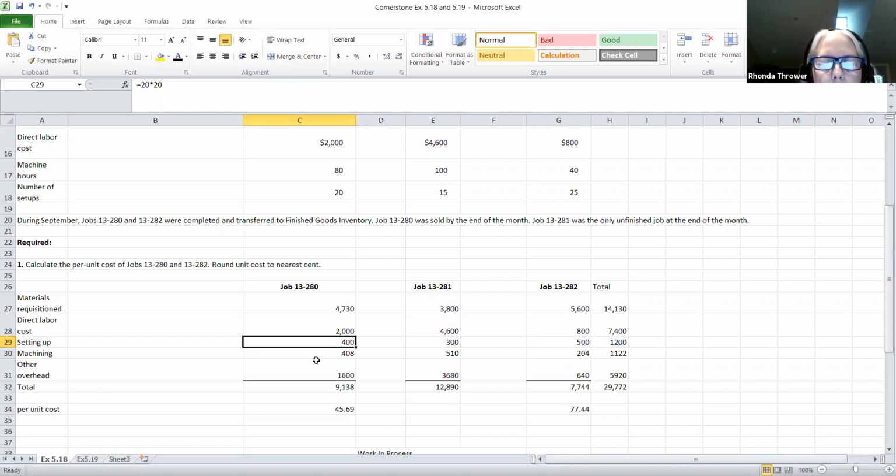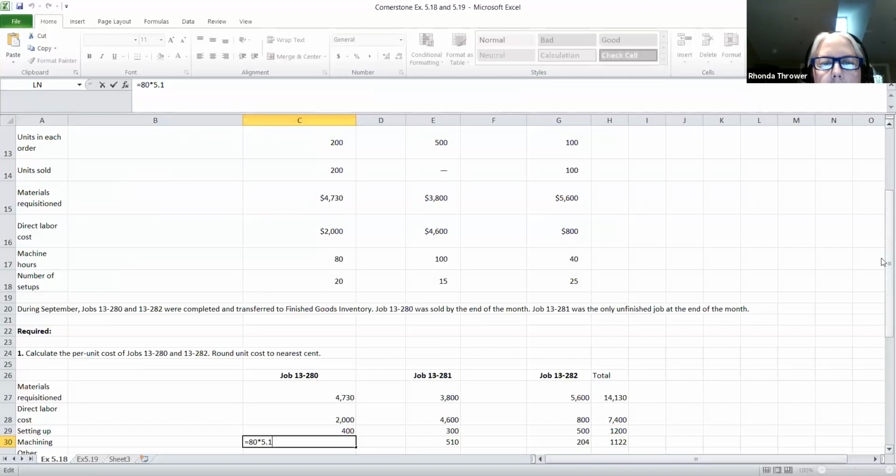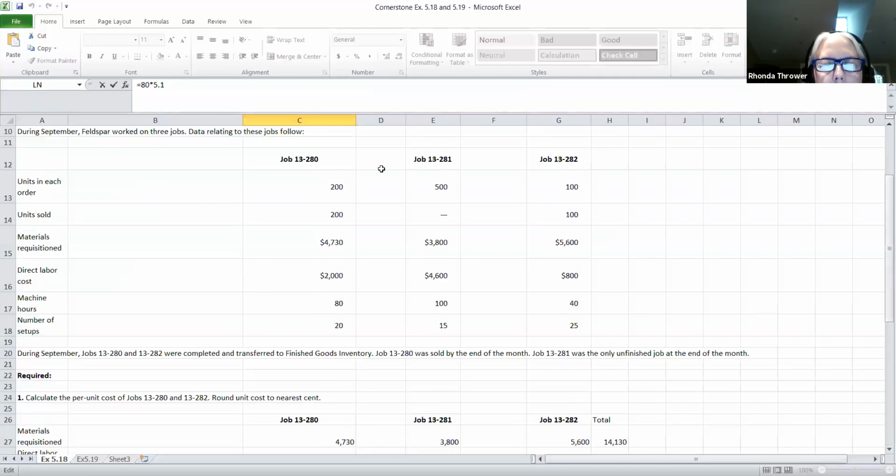But I thought it was easier and simpler for you to see that each one of these activities is contributing to your applied overhead. And so I wanted to show them separately with you. For machining, we would take the number of machine hours, and the number of machine hours for job 280 was 80 machine hours.